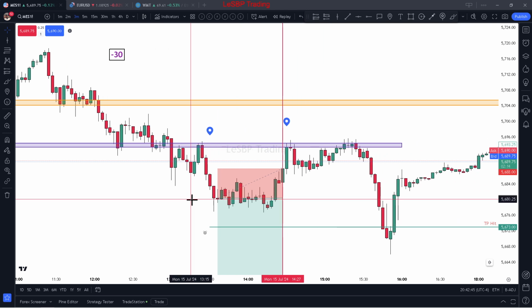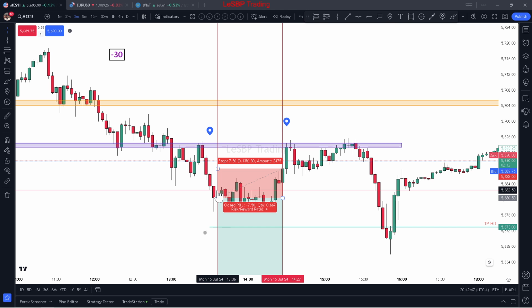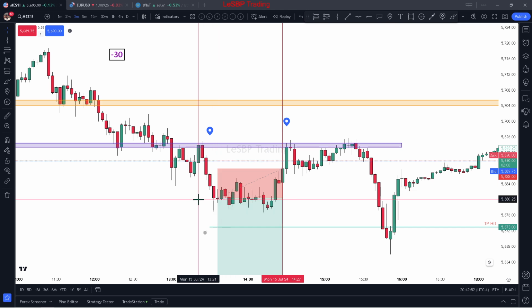Well, in this case, we're using 30 ticks as our 1-to-1, which means I'll only have the opportunity to take one trade. So not only did we increase the stop loss, but we decreased our trading frequency, opportunity, in a sense.